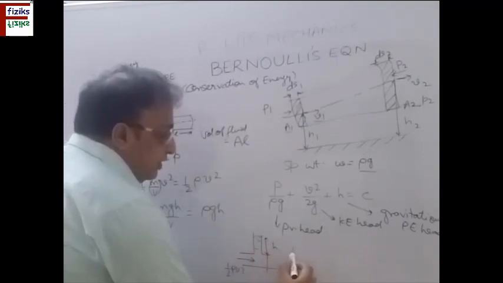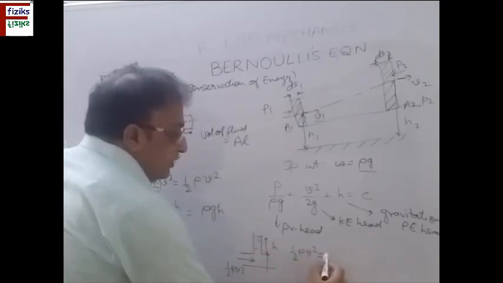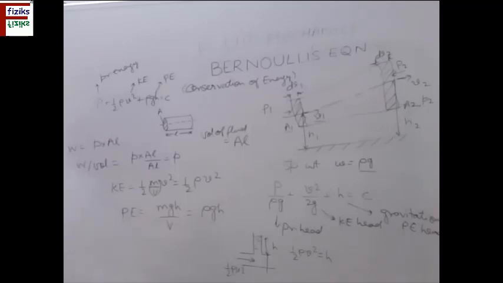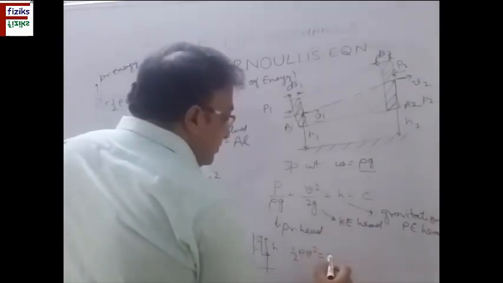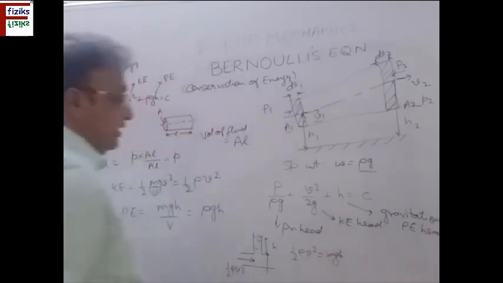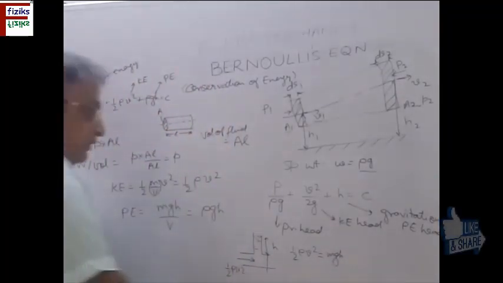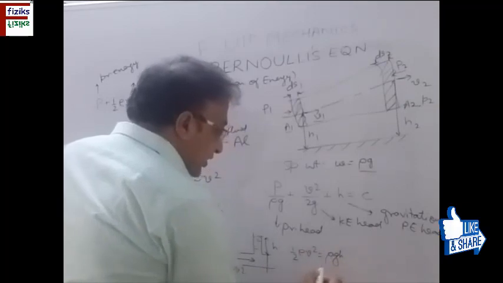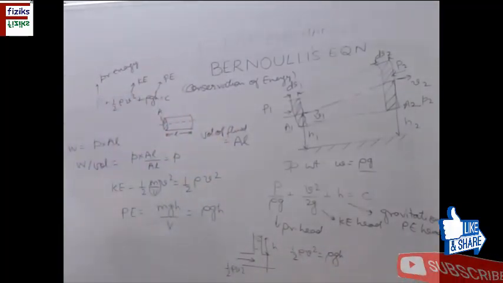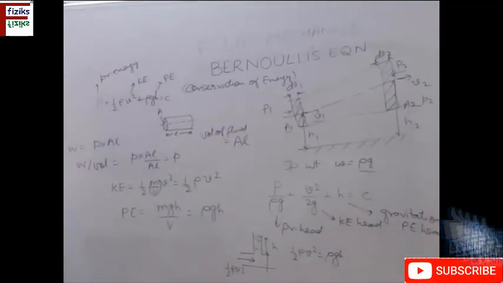So I can write half m v square is equal to m g h, potential energy. Kinetic energy is converted into potential energy of the fluid. So this is another way to write Bernoulli's equation. You can note it down.